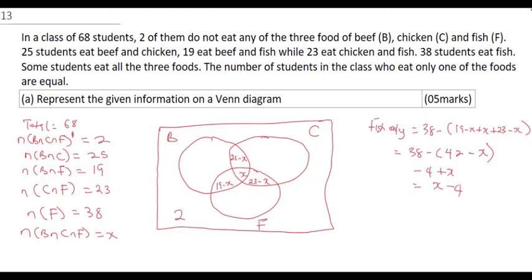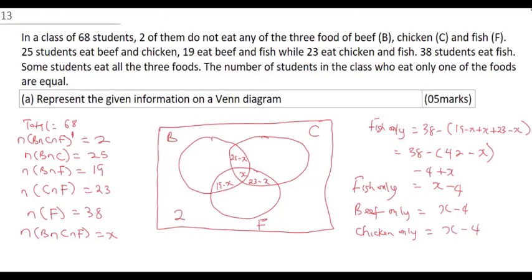Now, if you recall from the question, it says the number of students in the class who eat one of the foods are equal. So this is fish only. That means if X minus 4 eats fish only, then beef only will still be X minus 4, and chicken only is also going to be X minus 4.